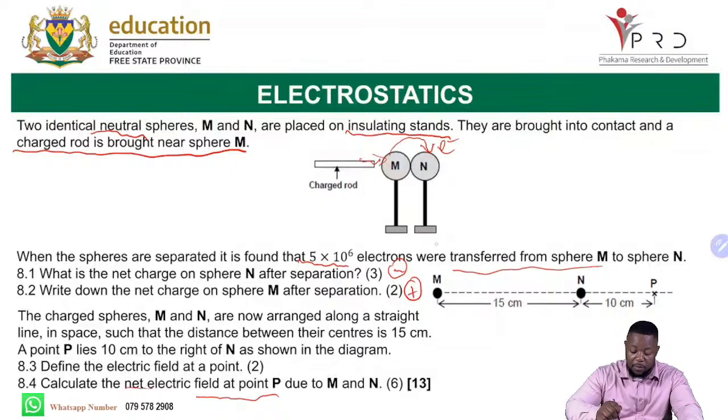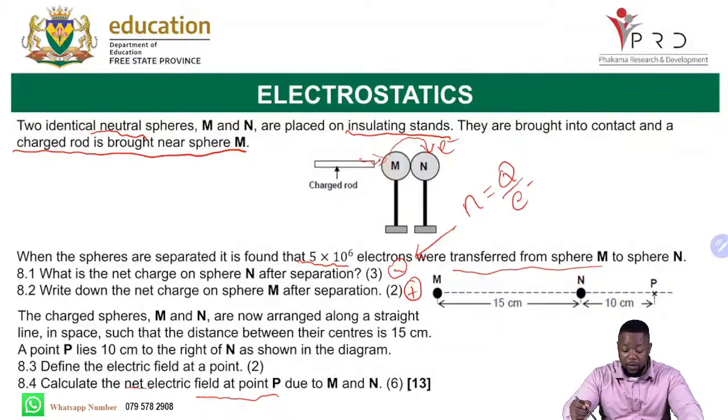We need to remember that this one emanates from the principle of charge quantization, and therefore the formula associated with that from the data sheet will be n equals Q over e. We are going to substitute the electrons here, and then the e, we know that it's supposed to be 1,6 times 10 to the power negative 19 coulombs as given on the data sheet.